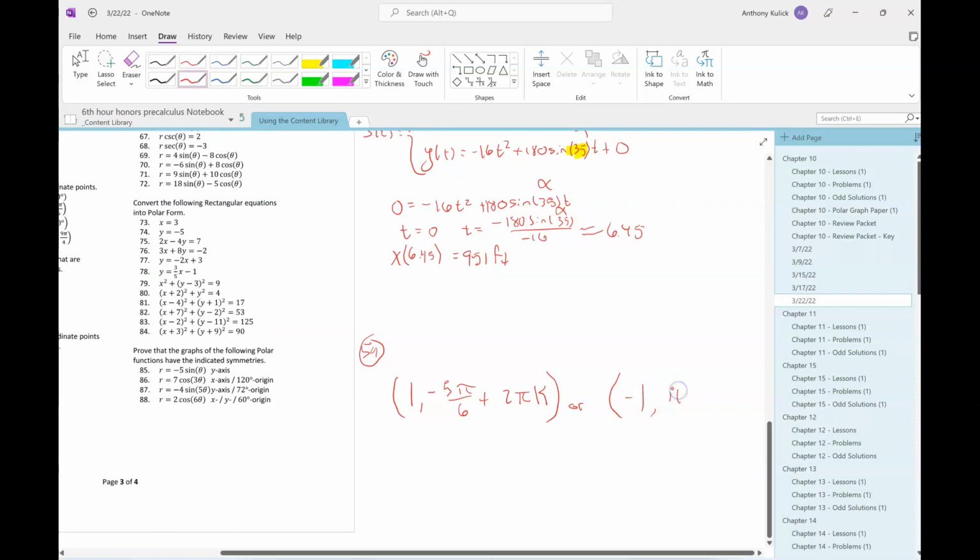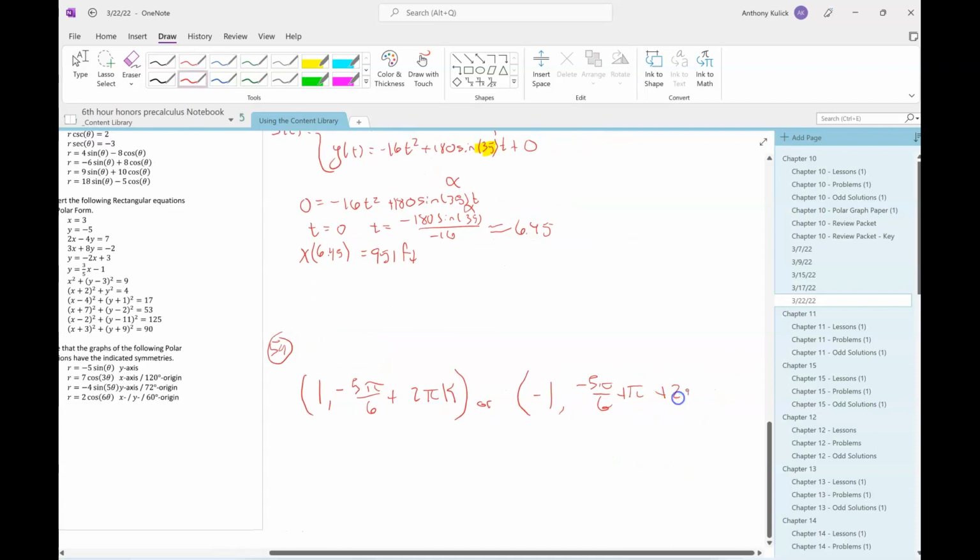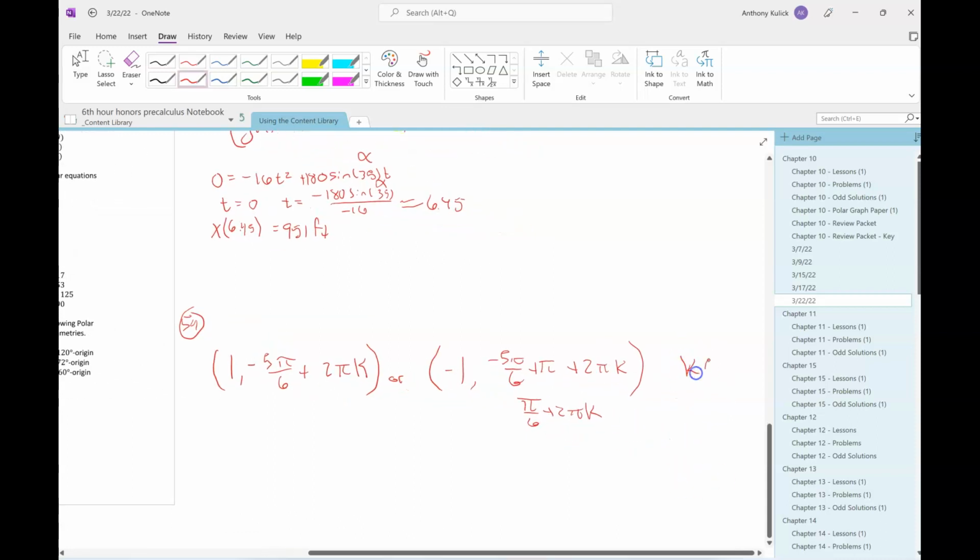So we're going to take our initial angle, add 180 to that, and then add 2 pi k. So that simplifies down to pi over 6 plus 2 pi k, where k is some integer. But that's it.